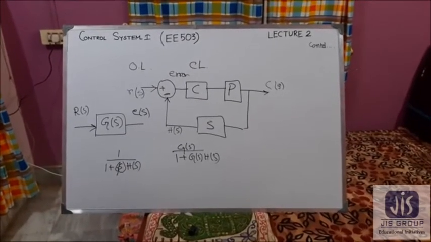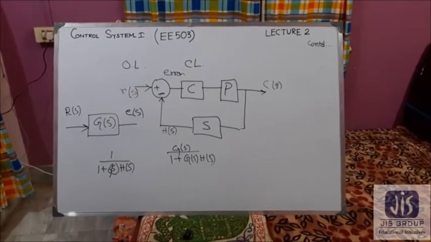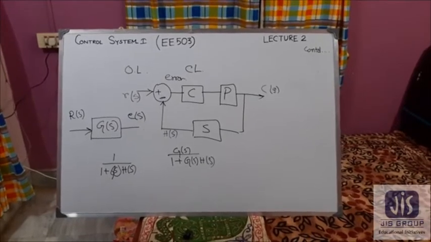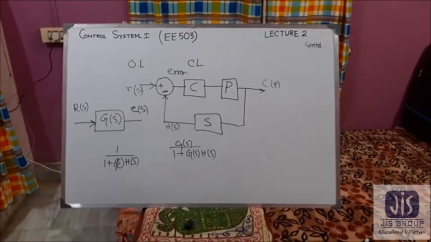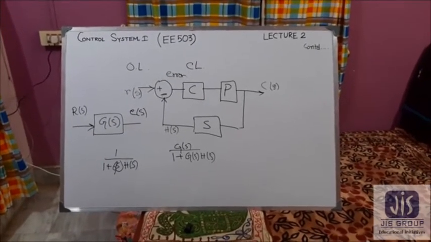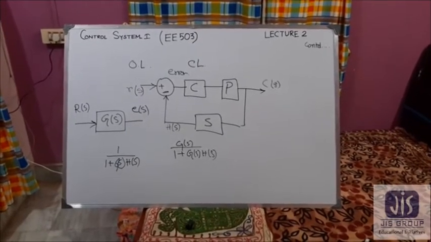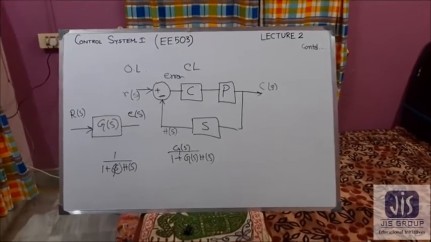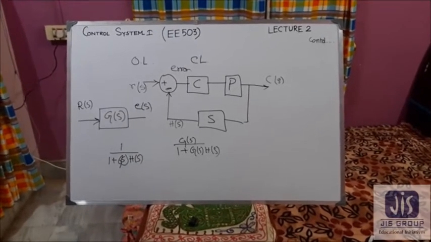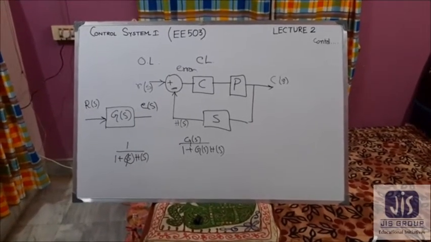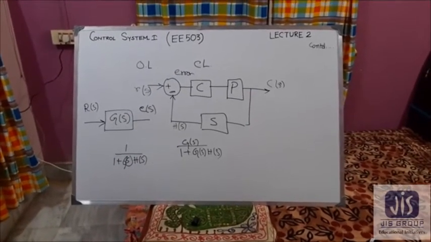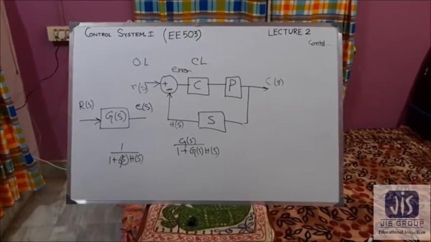Also, it reduces the sensitivity to parameter variations, that is, it makes the system insensitive to parameter variations. That means if any disturbances are applied to the system, the output will remain unchanged. So these are the important effects of the feedback in the closed loop control system.